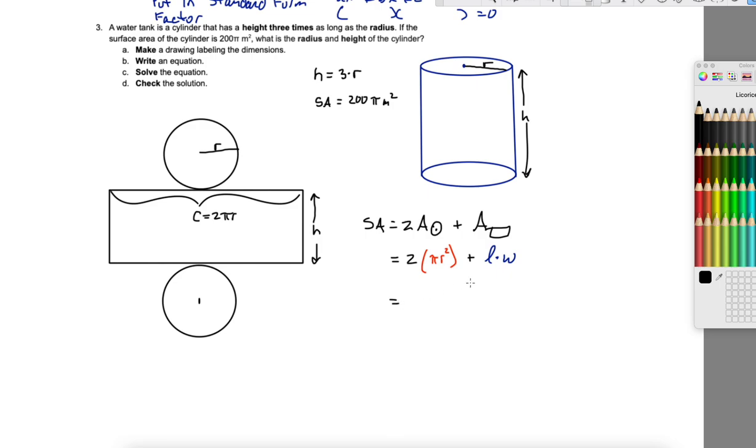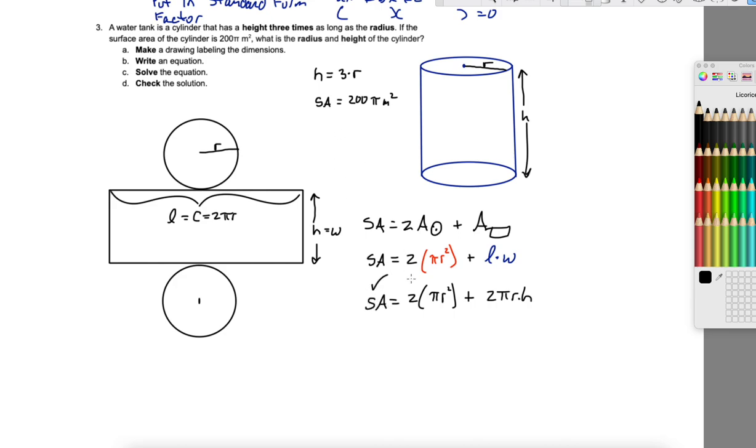However, the length of this figure here is the same as our circumference, and the width of this figure is the same as our height. So I'm just going to replace these 2 variables with length, which is 2 pi r, and width, which is h.